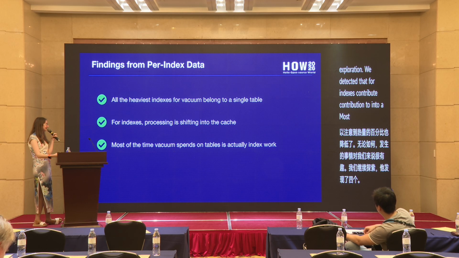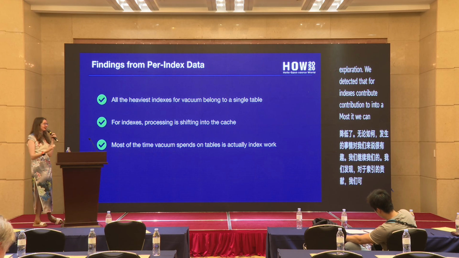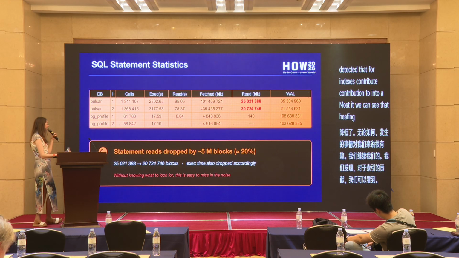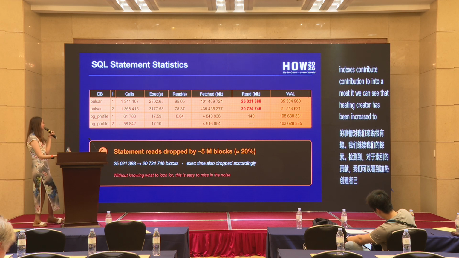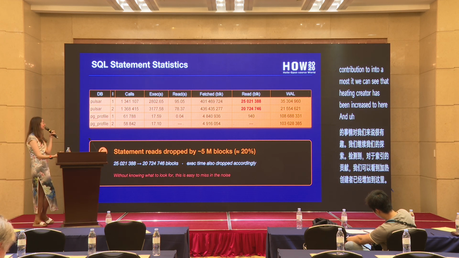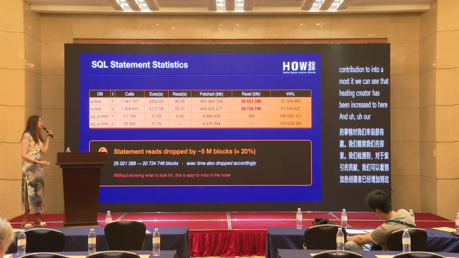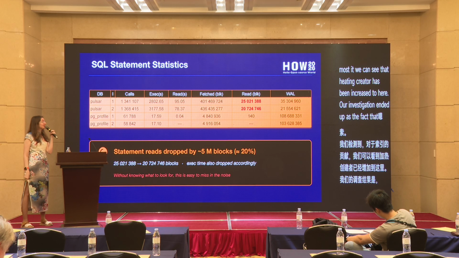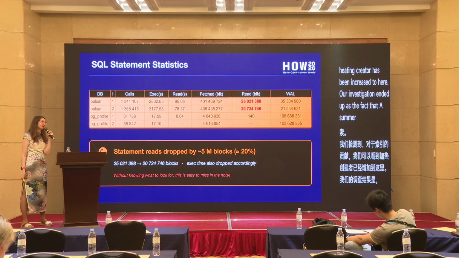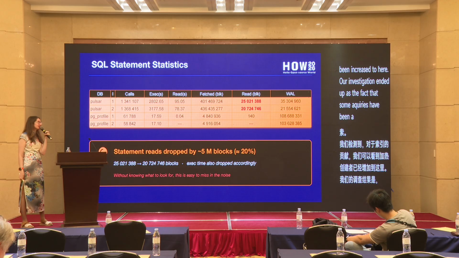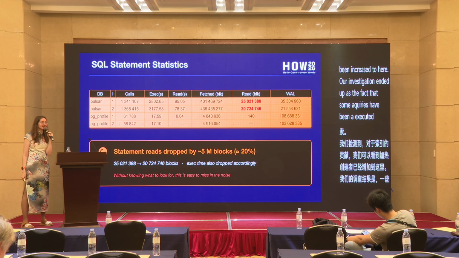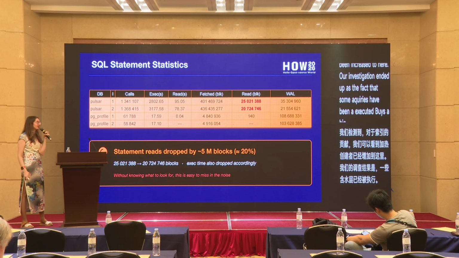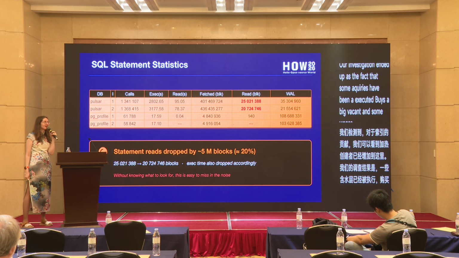We can see that the hit rate has increased here too, and our investigation ended up with the fact that some queries had been executed by the backend, and some pages had been added to the buffers.